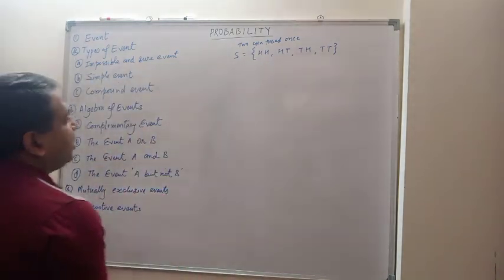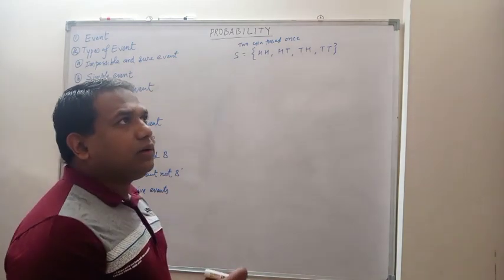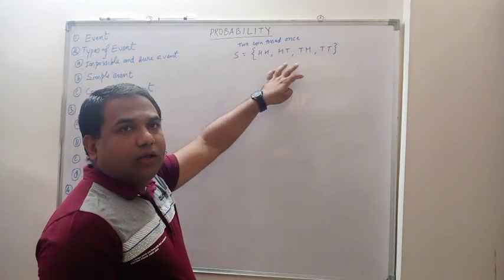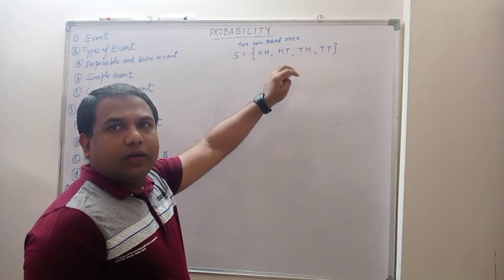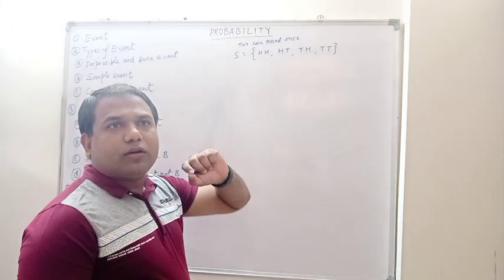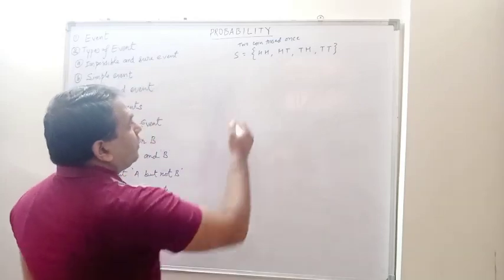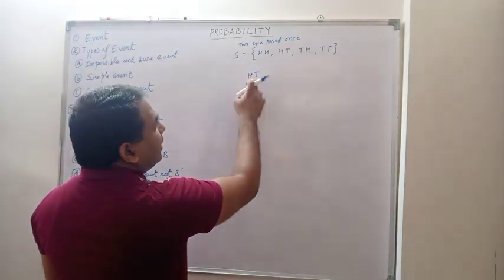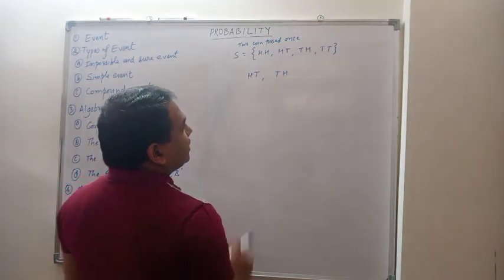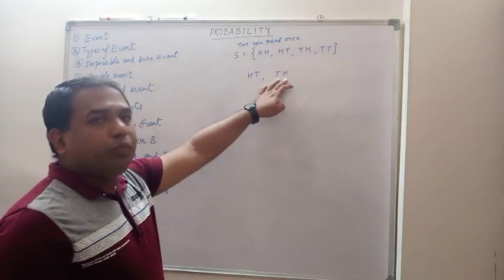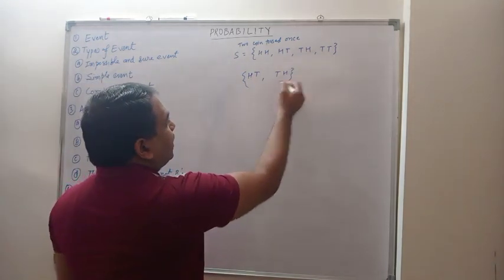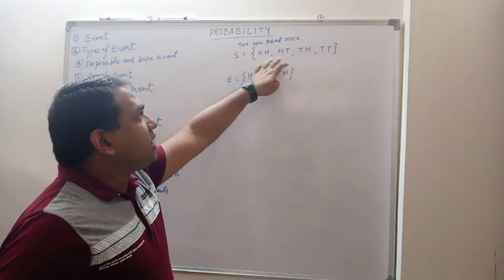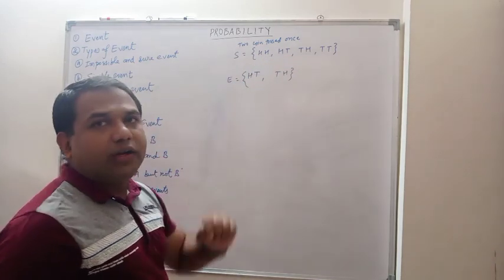If I am tossing two coins once and I say that at least one head should be there, then my event will be HT, one possibility, and TH, another possibility. So these two are favorable, and I'll call it an event. Each and every sample point is known as an event only.